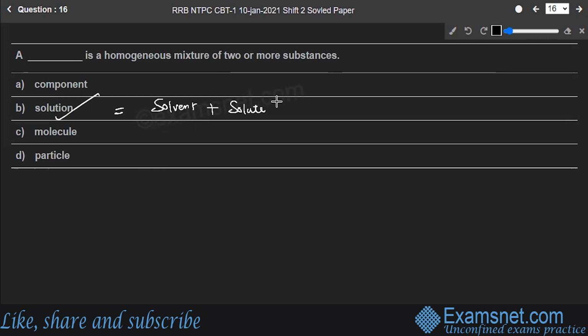called the solute. For example, water and salt. They make the perfect solution. So water is the one which dissolves salt, and salt is in the lesser quantity, which is dissolved in water. I hope you got this. If I talk about the components, for example, water and salt, in this case they are the components.